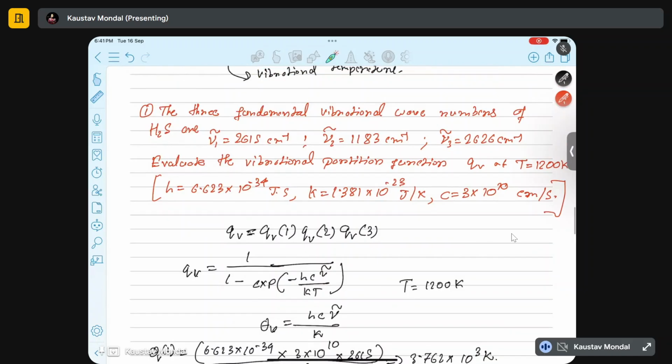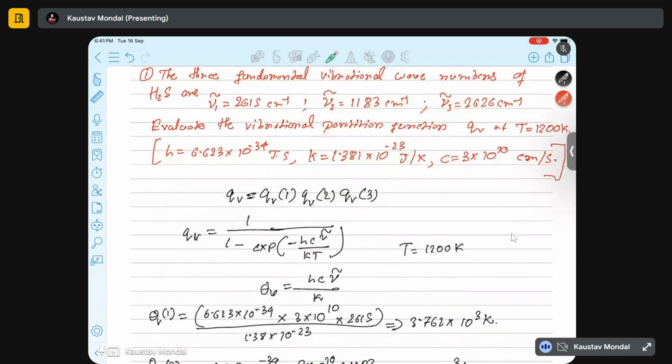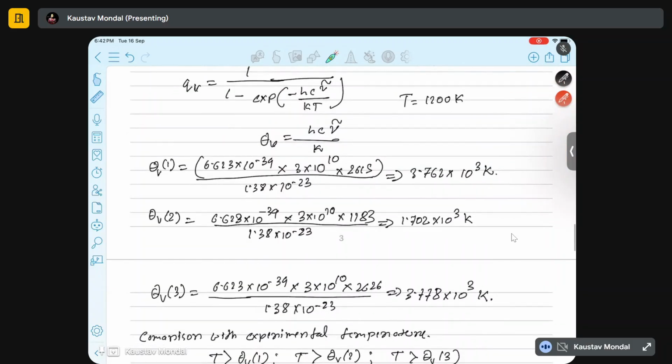So the first thing in this kind of problem that you have to do is to check whether the experimental reference temperature, that is 1200 K here, is higher than the characteristic vibrational temperature or lower. And depending upon that, the way of our calculation can vary. So to check that, we have calculated theta v for all the three modes, and these are the values of the three modes of vibration we got.